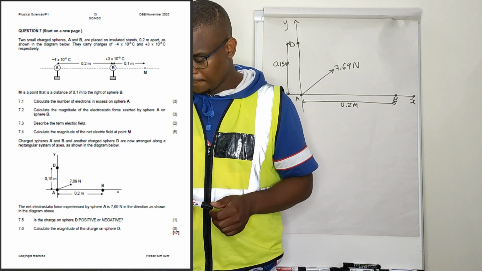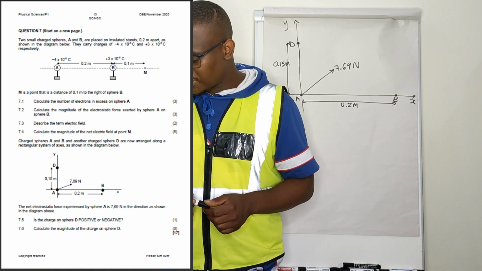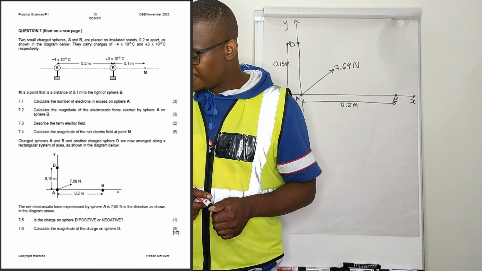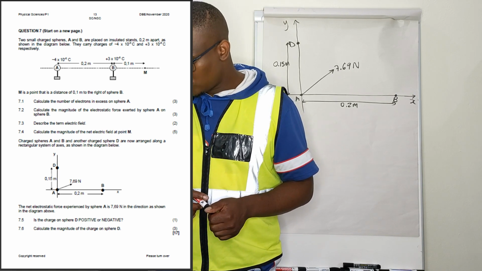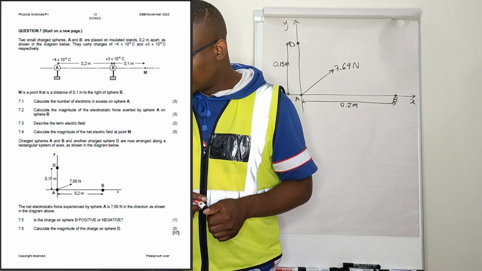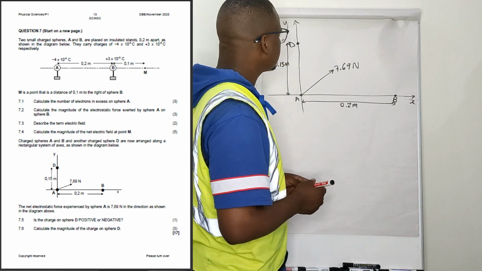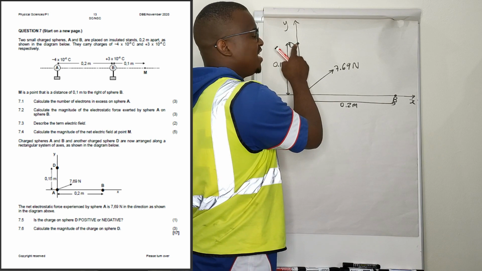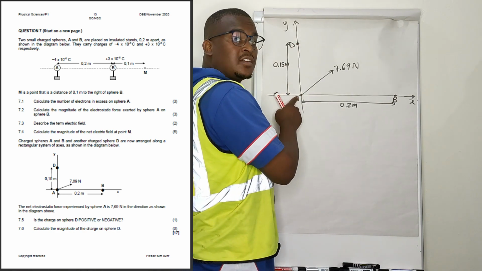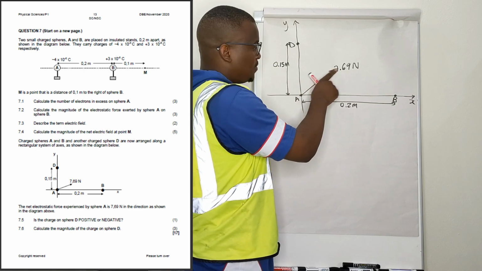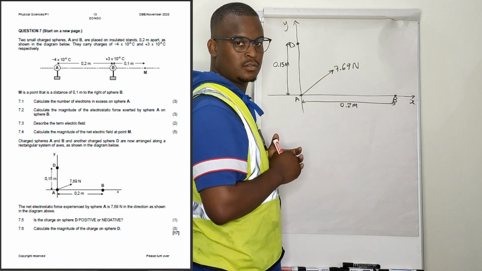Let's continue reading. The net electrostatic force experienced by sphere A is 7.69 newtons in the direction shown in the diagram above. So now, because we have sphere D here, the net electrostatic force at point A is this magnitude in that direction.